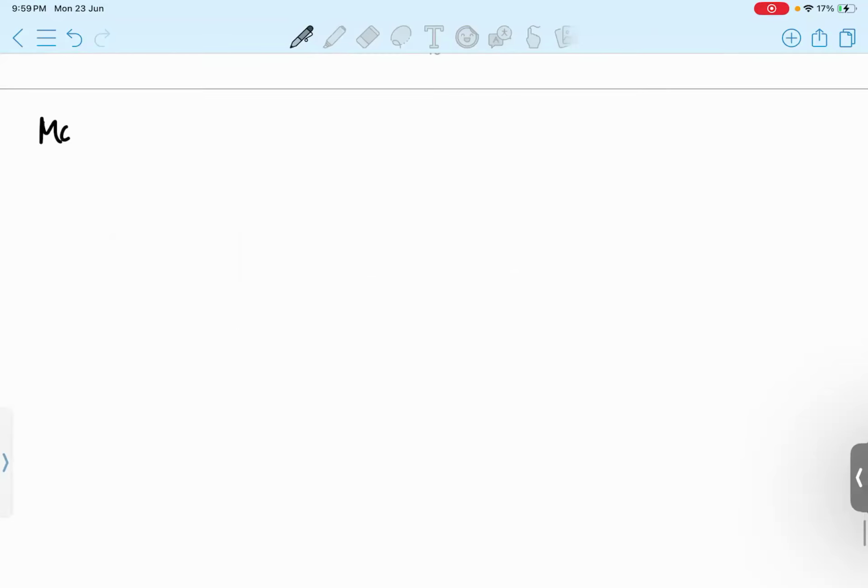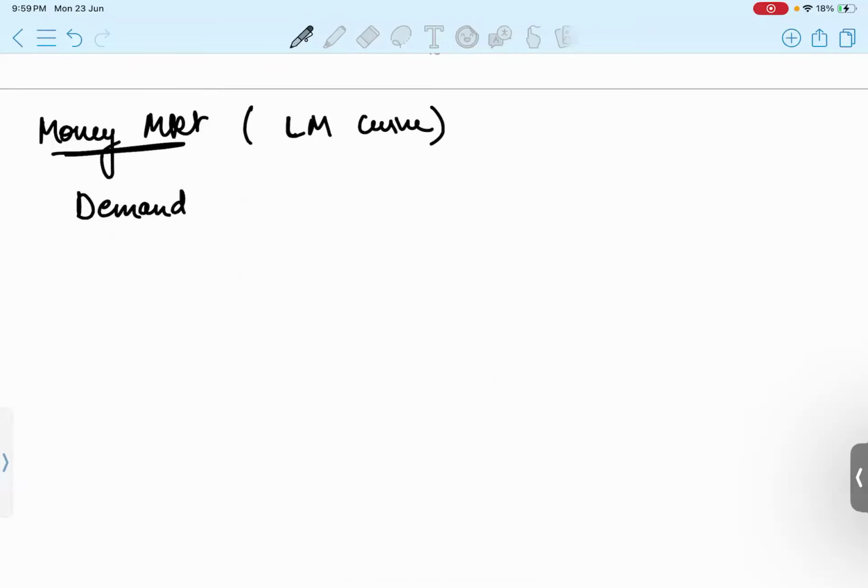Now we come to the money market, which is represented by the LM curve. Here, when we are talking about the demand for money, it can be for two purposes that we are going to study.